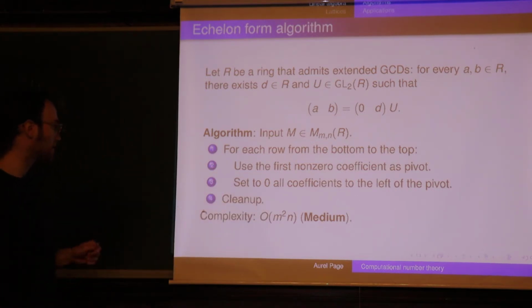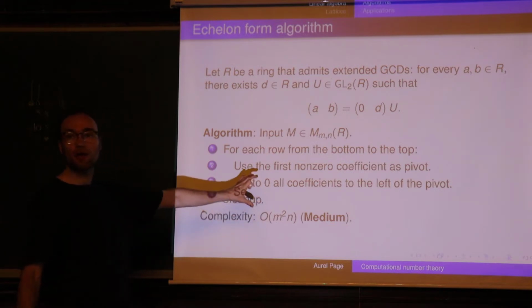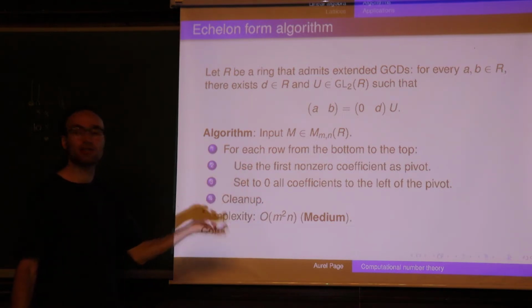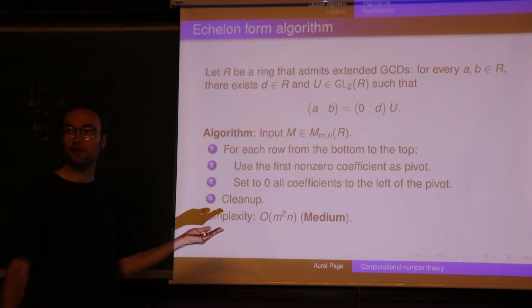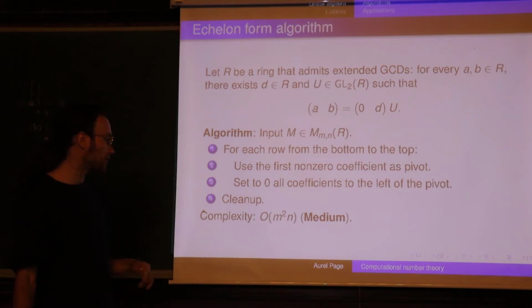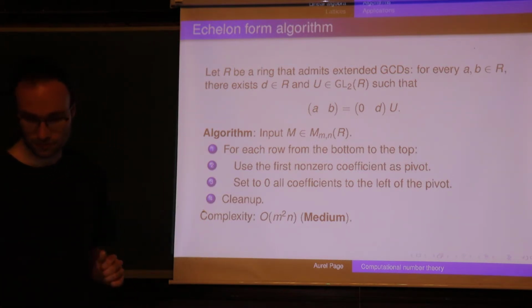So this is the basic echelon form algorithm, but it has this cubic complexity like we had for basic matrix multiplication, the one that just uses the formula. And we would like to have something faster by exploiting the fact that we can multiply matrices faster, as we saw on the first lecture.